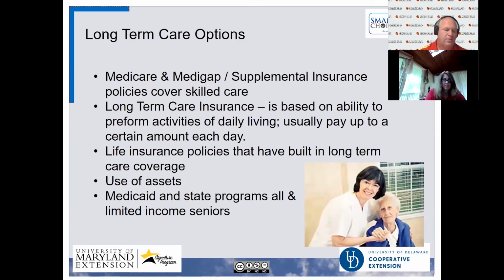So then, what are your long-term care options? You have to look at Medicare and Medigap supplemental insurance policies, which cover skilled care. And then long-term care insurance, which is based on the ability to perform activities of daily living.